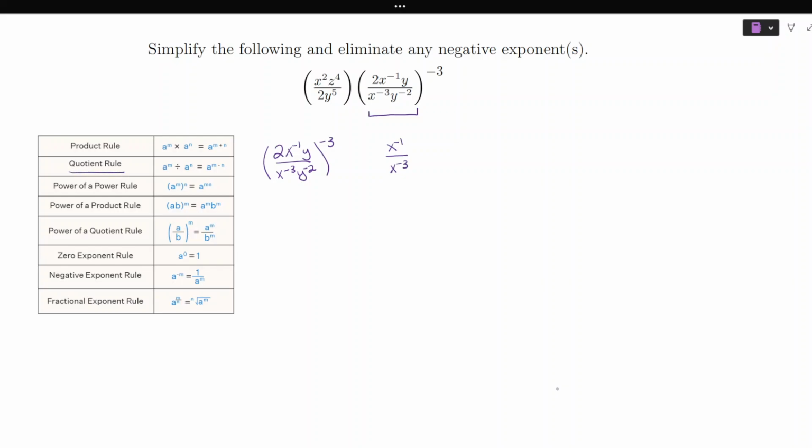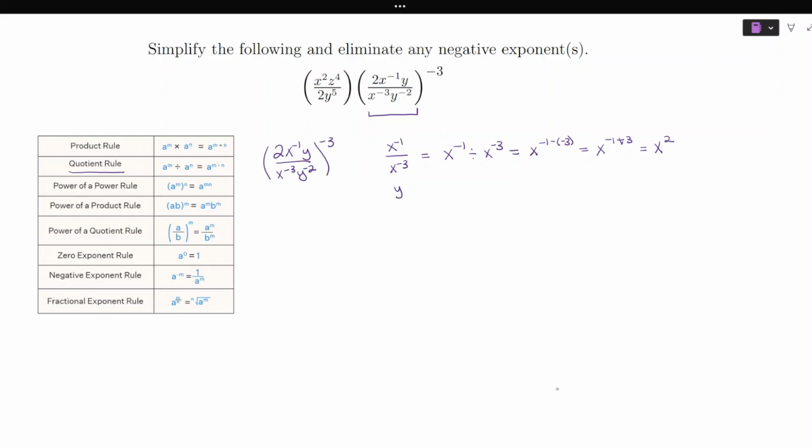And this is going to be the quotient rule since I'm doing division. So to write it how they have it, it would be like this. So I'm going to be subtracting these exponents. And be careful because when you're subtracting a negative, that becomes addition. So this will be -1 plus 3, which will be x squared.